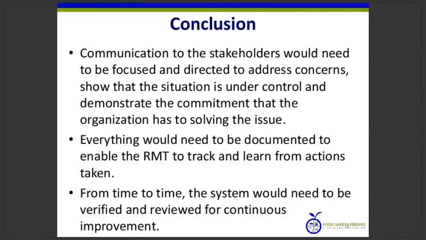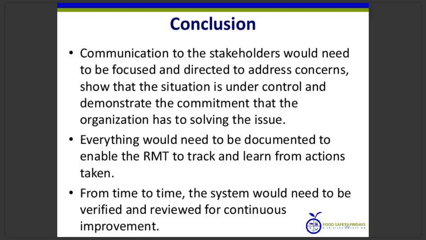Communication to the stakeholders would need to be focused and directed to address concerns, show that the situation is under control, and demonstrate the commitment that the organization has to solve the issue. And everything would need to be documented, very important to communicate as well, to enable the risk management team to track and learn from actions taken.